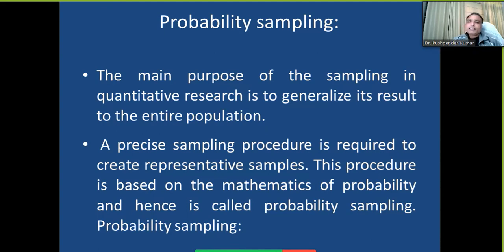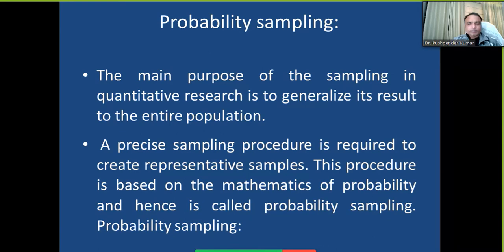So in precise, why are we going for probability? The reason is simple. A precise sampling procedure is required to create representative samples. This procedure is based on the mathematics of probability and hence is called probability sampling.